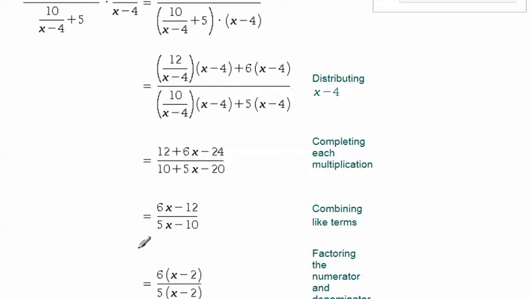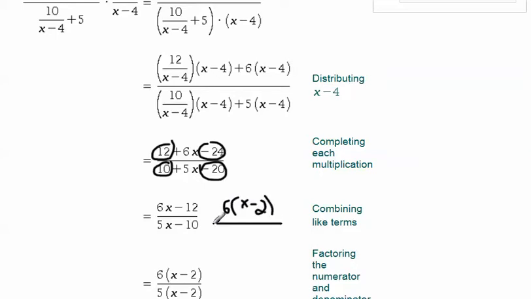Okay, so now the next question we need to ask ourselves is, is there any actual math that we can do here? Sure. We can do 12 minus 24 for negative 12. We can do 10 minus 20 for a minus 10. So now we're almost done. All the like terms have been combined. Now we're going to factor the numerator and the denominator. The numerator can be factored into 6 times x minus 2.